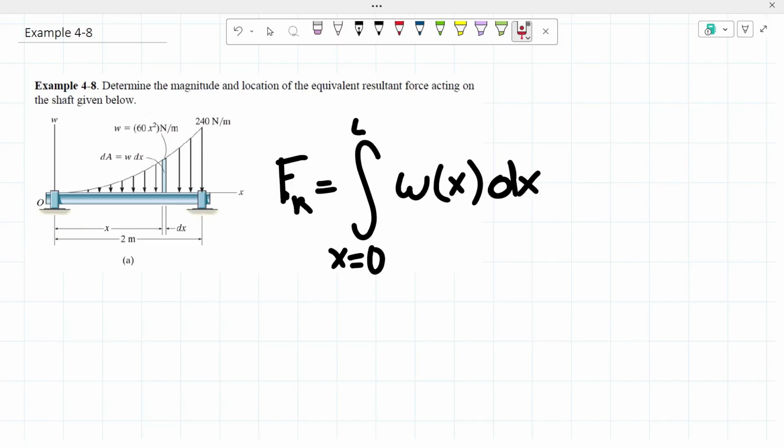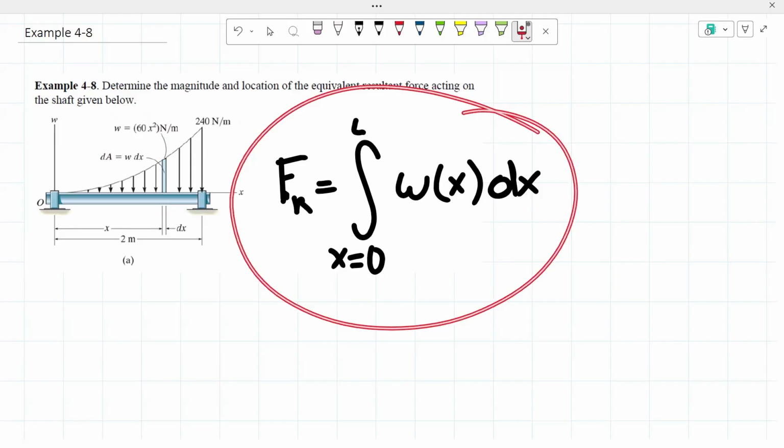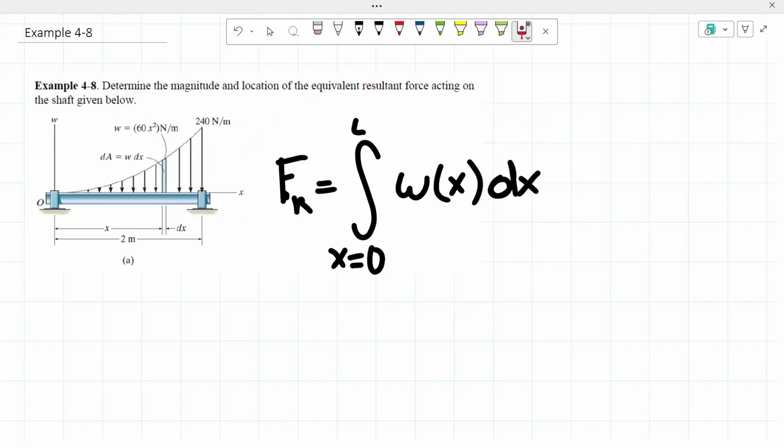When we're working with these types of problems, we always want to use this equation where the magnitude is equal to the integral of the distributed load. So the first thing we're going to do is plug things into this equation to solve it. As you can see, we have our integral.